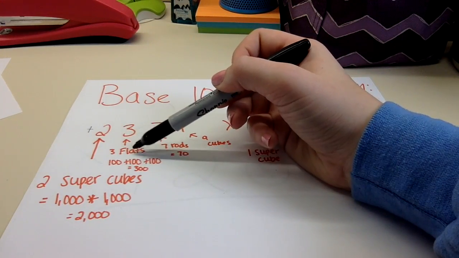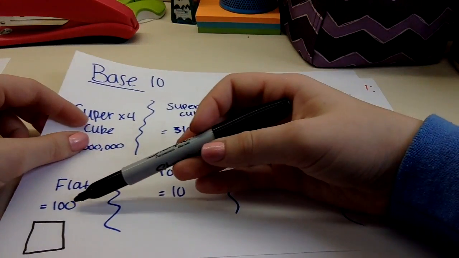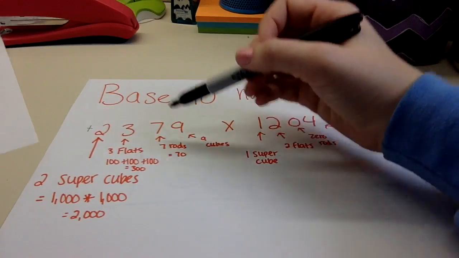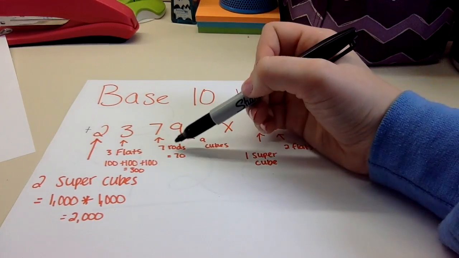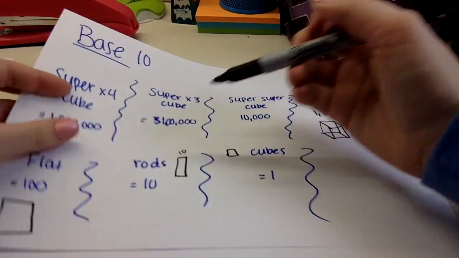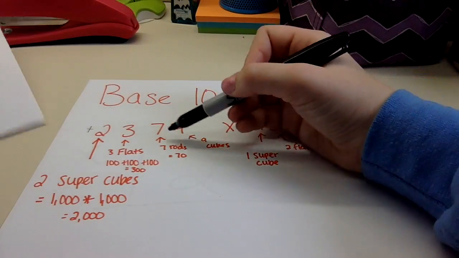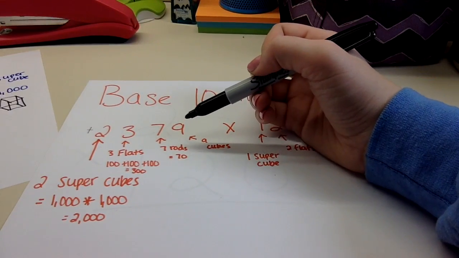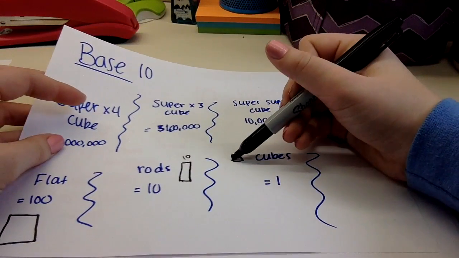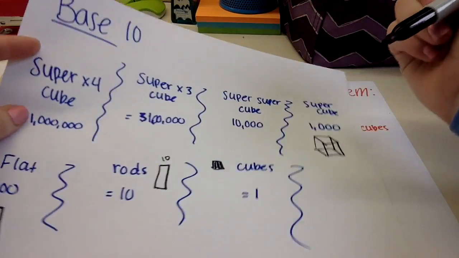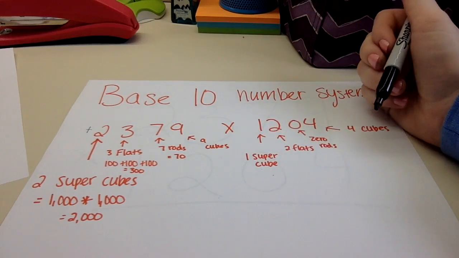We have 3 flats, and we know that a flat equals 100, so 100 plus 100 plus 100 gives us 300. We know that we have 7 rods, and a rod equals 10, so 10 plus 10 plus 10, and so on, gives us 70. And then we have 9 cubes, which are just equal to 1, so that's just 9.